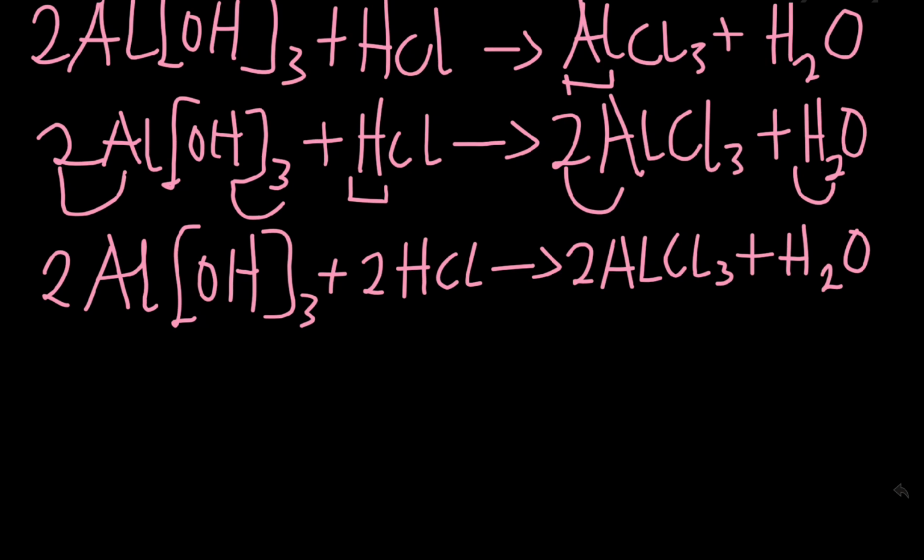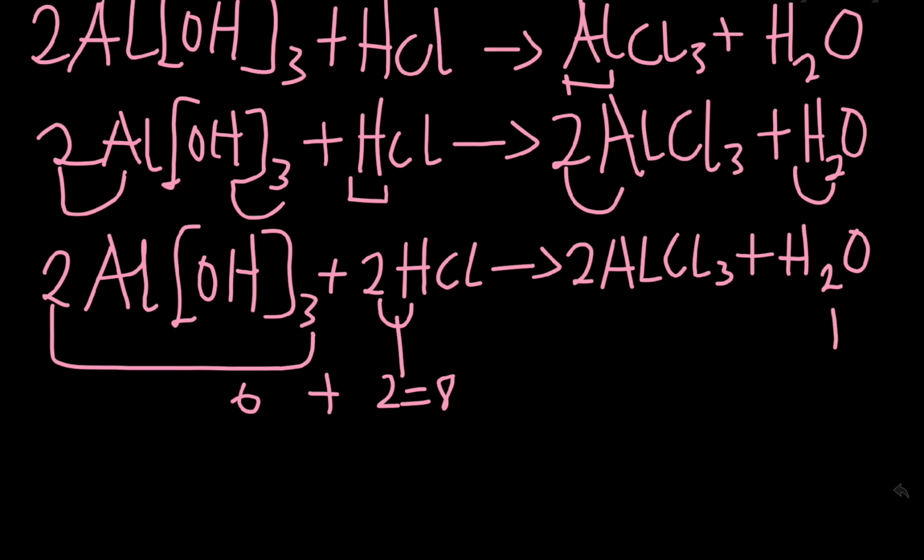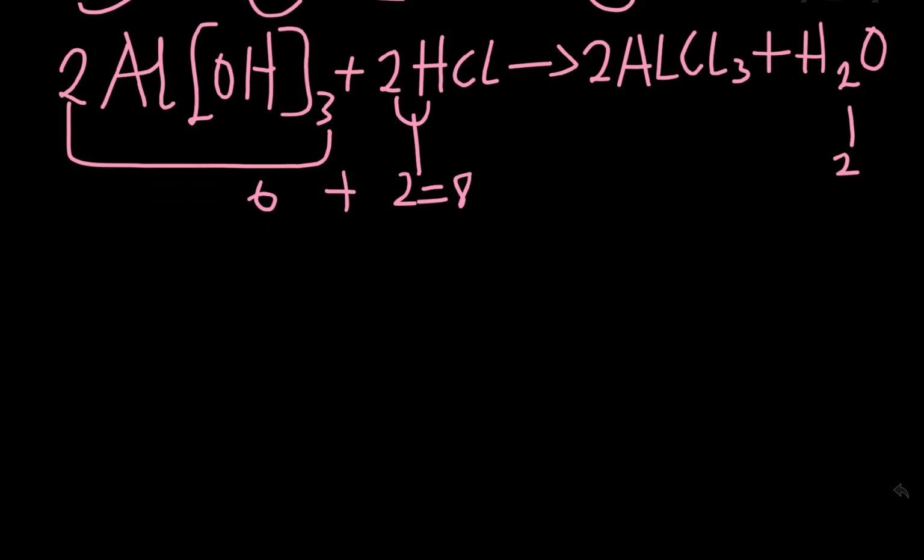Let's count for our hydrogen again. Hydrogen here now is 2 times 3 is 6, plus these 2 here again. So hydrogen is 8 on the left hand side, whilst on the right hand side hydrogen is just 2. So I'm going to balance this by introducing 4 on the hydrogen on the right hand side.